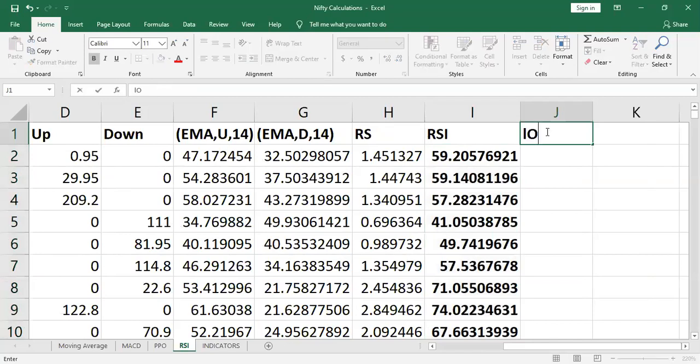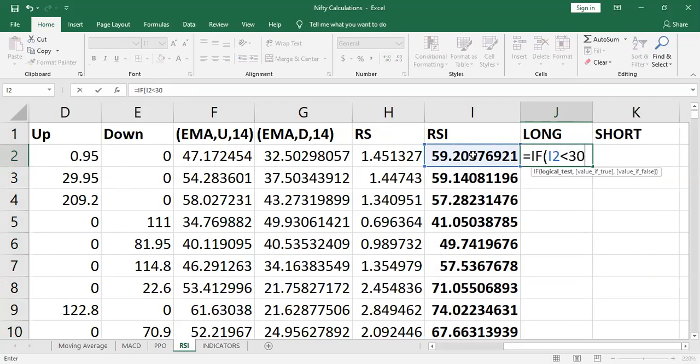Now we are checking how much return for the tally. Not is generally used to initiate the positions, as we already saw. Long or short is equal to: if this number is less than 30, comma 1, comma 0.